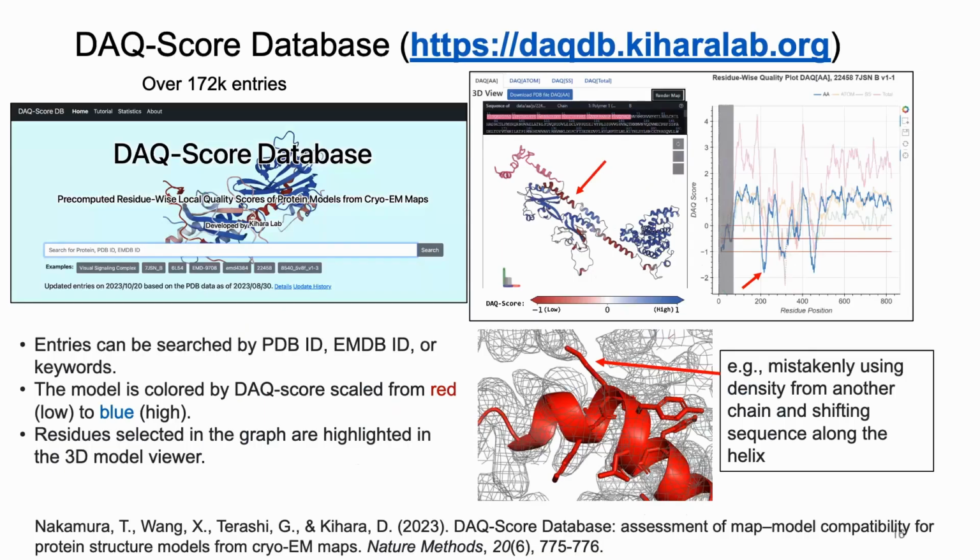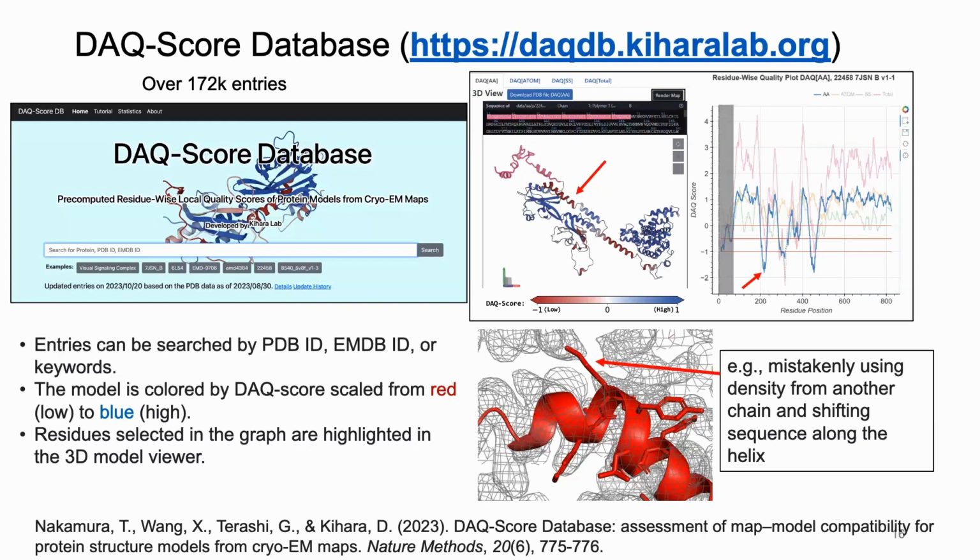Okay. The next topic, the DAQ score database. This database was also released this year. The paper was published recently in Nature Methods. This database provides the pre-computed DAQ score. So if you know some PDB ID or EMDB ID or some keyword, you don't have to compute the DAQ score by yourself, because the DAQ database has already computed it for customers.